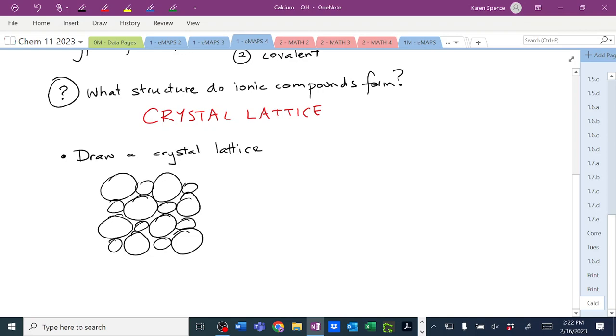And you can see mine is terrible. Mine looks awful. So I'm going to hopefully make it just a little bit tidier by letting you know that the larger ones are the negative ions and the smaller ones are the positive. If you got that backwards, it really doesn't matter that much at this point, so don't worry about it.